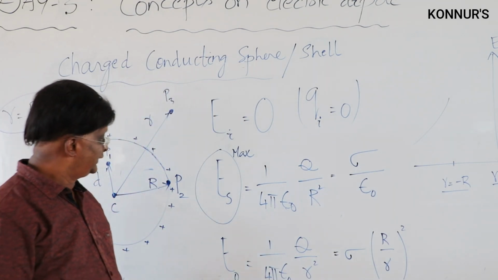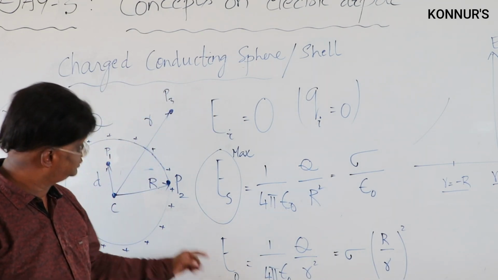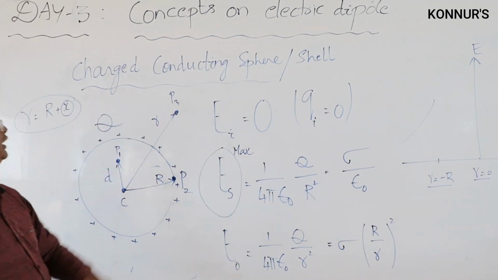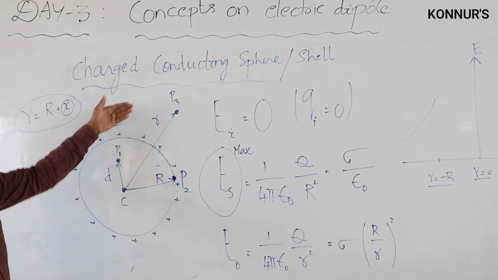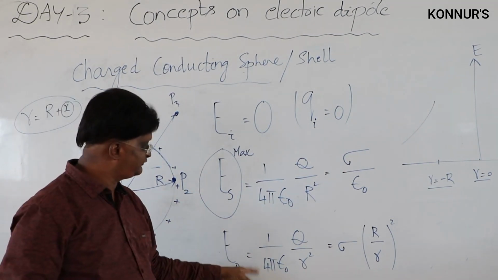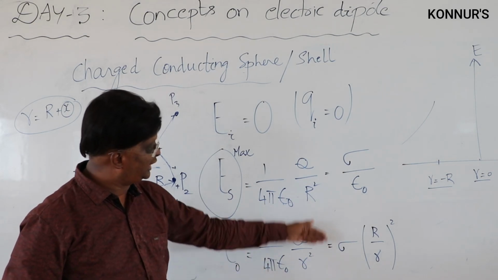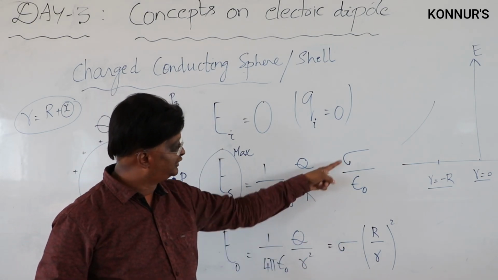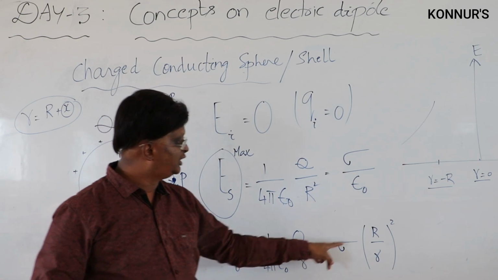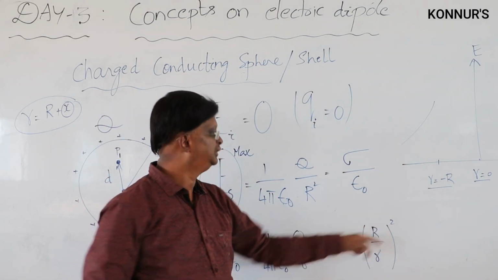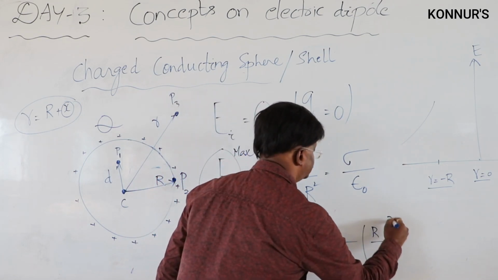Right. Now I have taken the outside point. P3 is an outside point, at distance r from the center. Then it is 1 by 4 pi epsilon naught Q by r square. This also has an alternate form in terms of sigma, sigma by epsilon naught times R by r, where r is the distance of the point, and of course there is a square term.